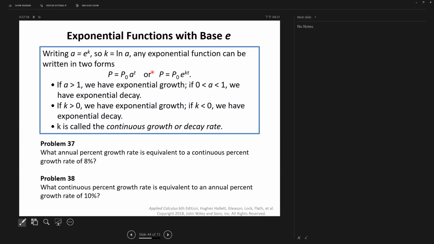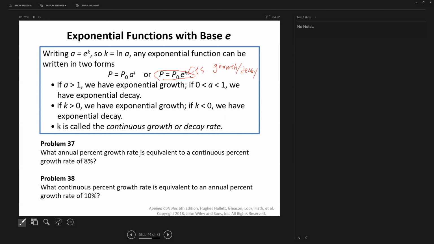But we are going to use this one for continuous growth or decay. The problem will tell you if it's continuous growth or decay, or if it's annual decay. Continuous growth means it's always growing.